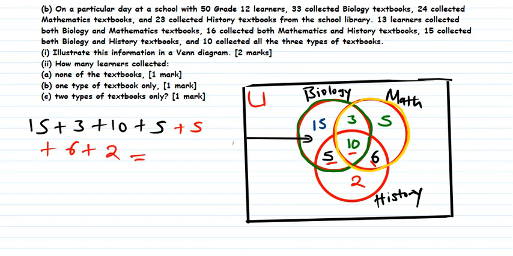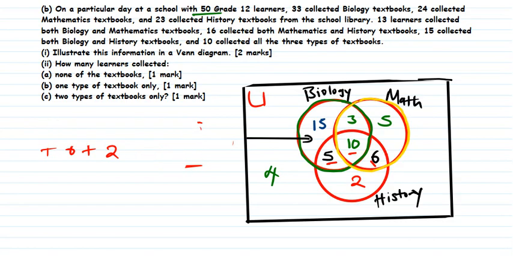So 15 plus 3 plus 10 plus 5 plus 5 again plus 6 plus 2. So the total I'm getting is 46. So not adding up to 50. What does that imply? So out of the 50, you move 46, you remain with 4. So 4 will be outside the 3 sets, indicating that 4 of them did not collect anything.